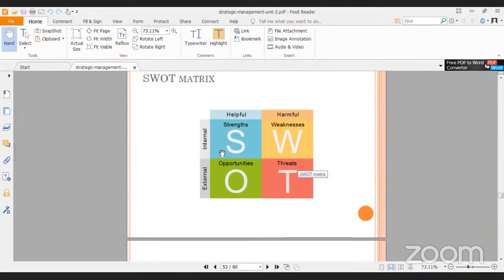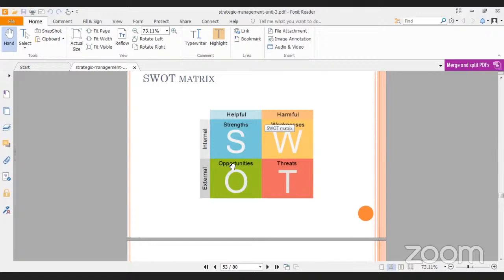Strength will make a combination with opportunity. A strength is an internal environmental component, and when you join it with an opportunity, the result is always immensely positive.